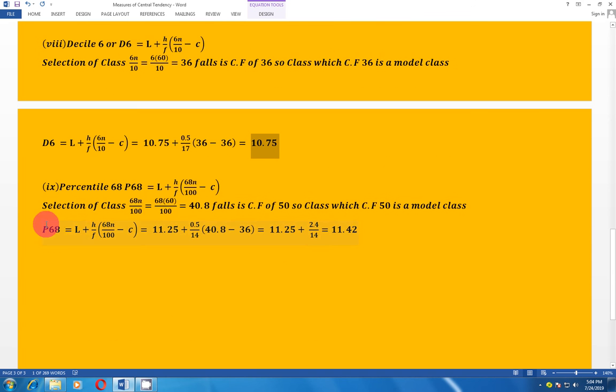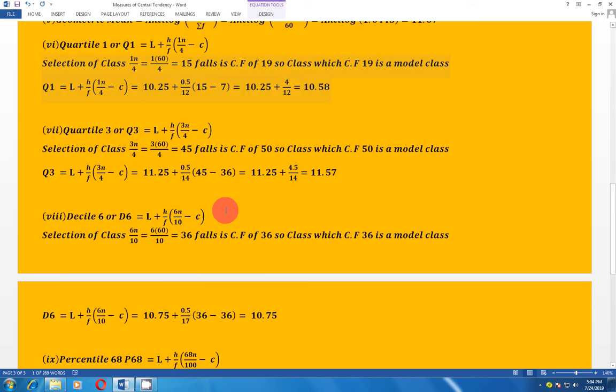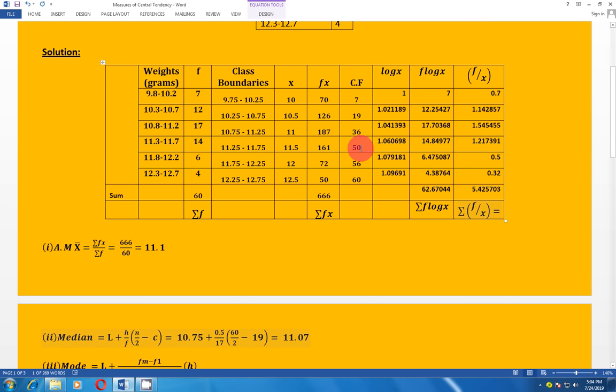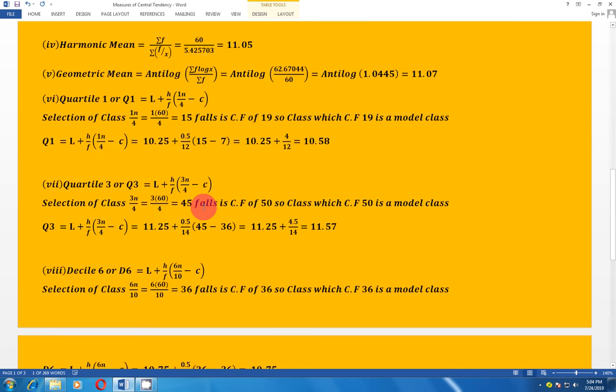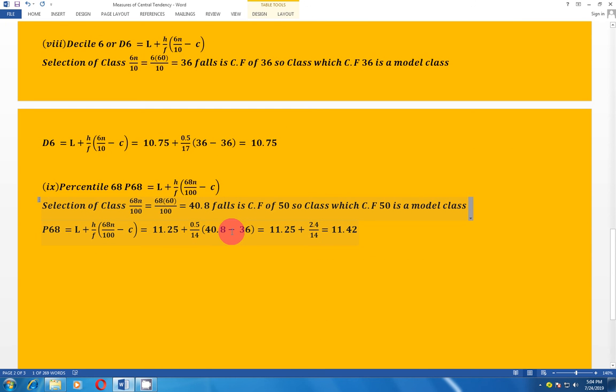And in the case of percentile 68, first of all we will calculate 68n by 100, which will produce 40.8, and that falls in the cumulative frequency of 50. So L is 11.25, H is 0.5, F is 14, and 68n by 100 is 40.8, and cumulative frequency is 36.